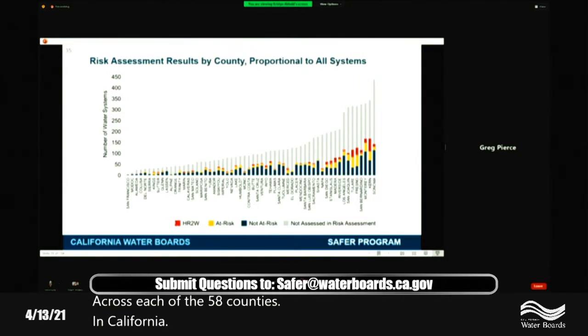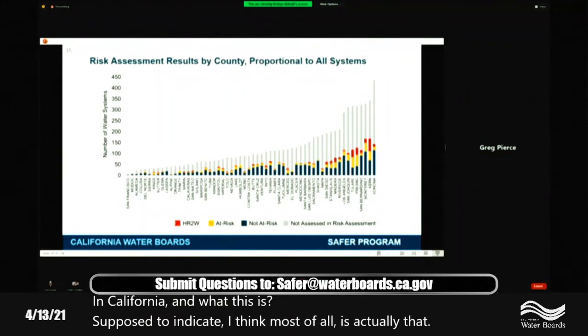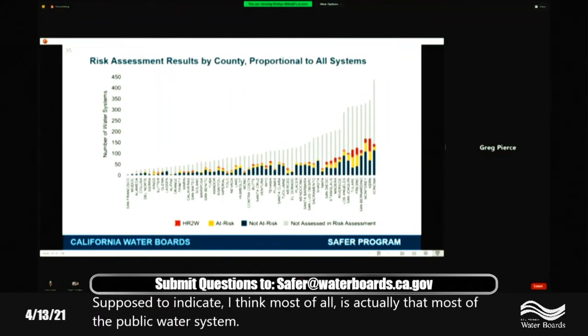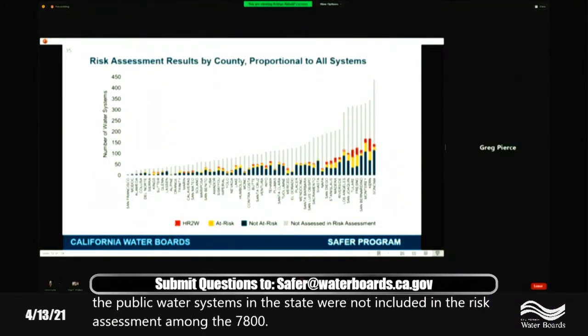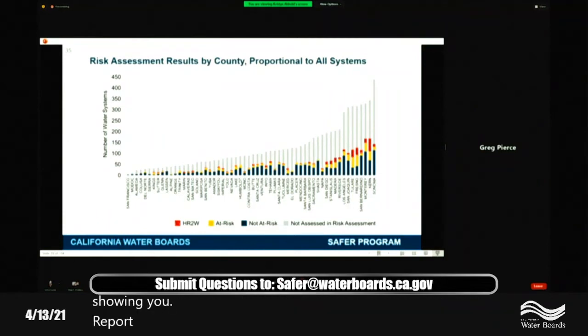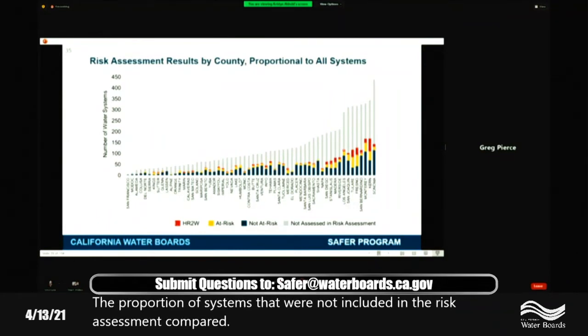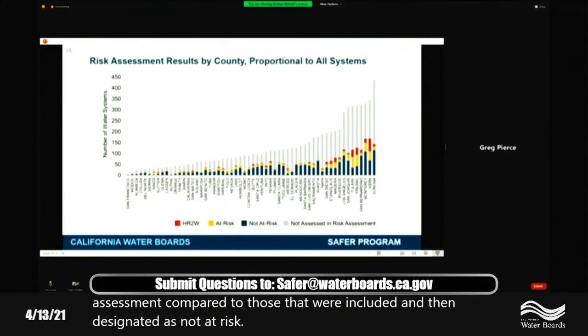And what this is supposed to indicate, I think most of all, is actually that most of the public water systems in the state were not included in the risk assessment among the 7,800 public water systems. This is showing you the proportion of systems that were not included in the risk assessment compared to those that were included and then designated as not at risk and human right to water list systems. Next slide.